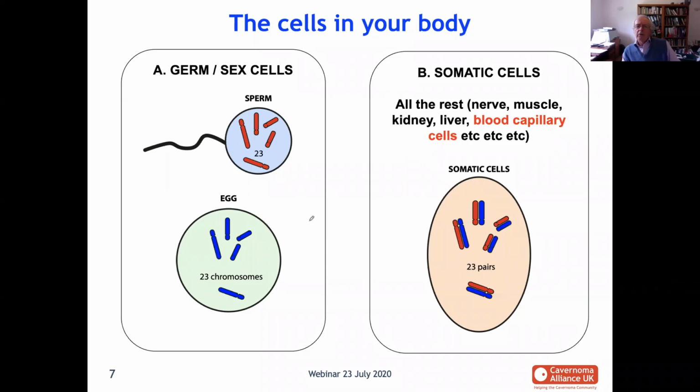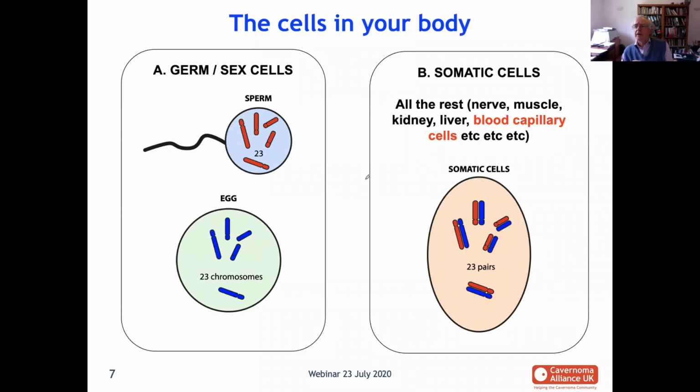If somebody has a familial form of Cavernoma and has a child, there's a 50-50 chance that the gene will be transmitted through to the child. And so, on average, half the children of a couple where one has a familial Cavernoma will have it passed down to the next generation.